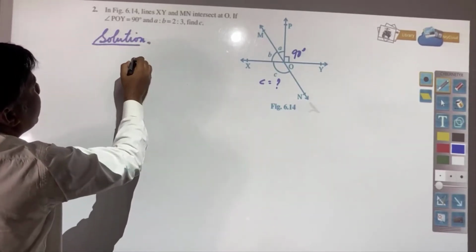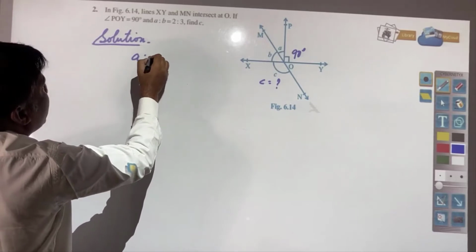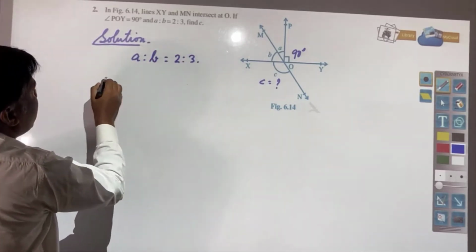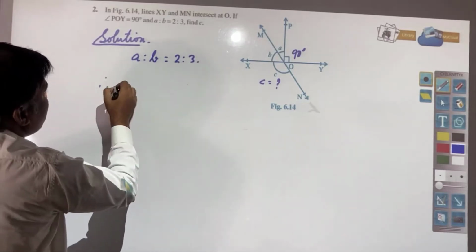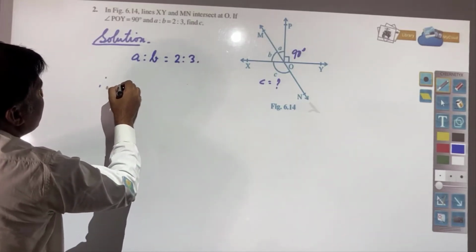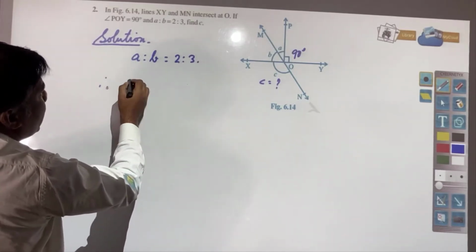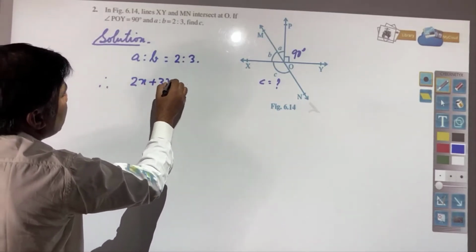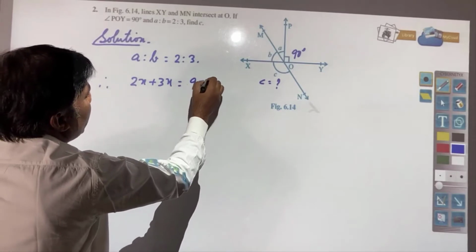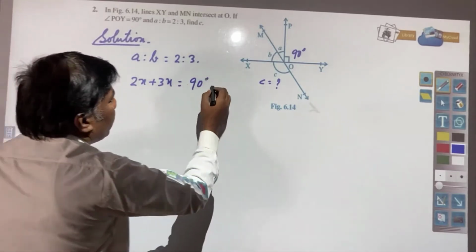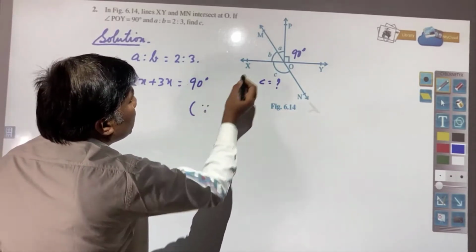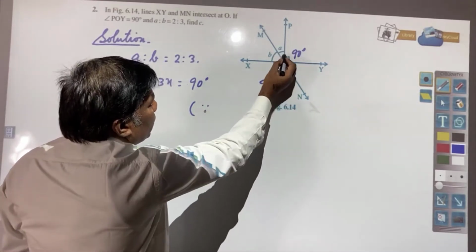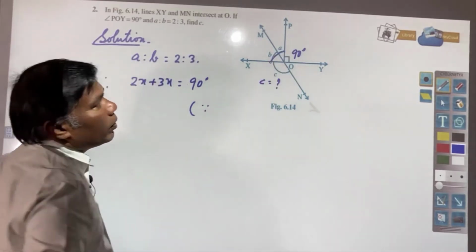Here you see A is to B is equal to 2 is to 3. Therefore, suppose this can be written as 2x plus 3x is equal to 90 degree. Why? Because if this is 90 degree, it means the sum of A plus B will be 90 degree.